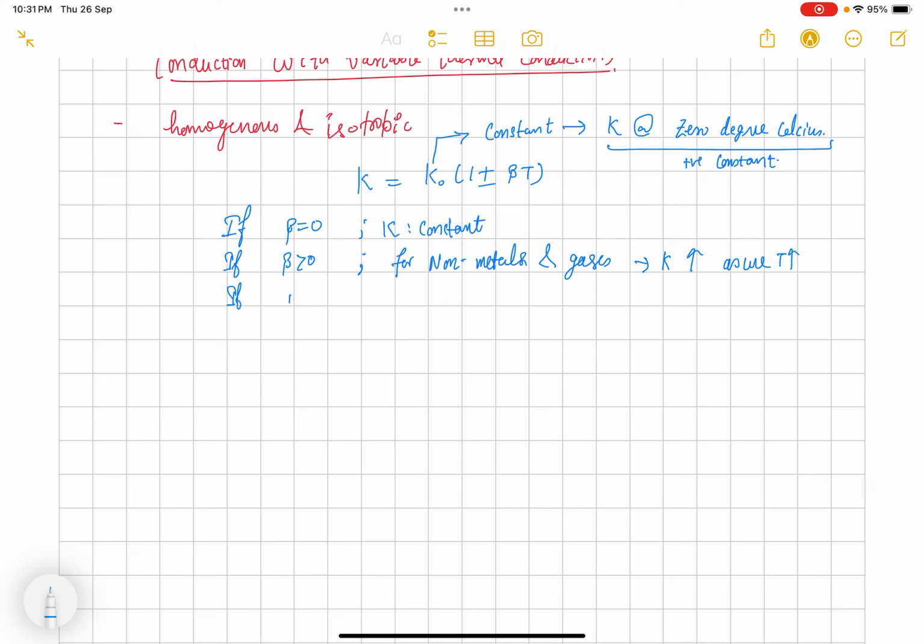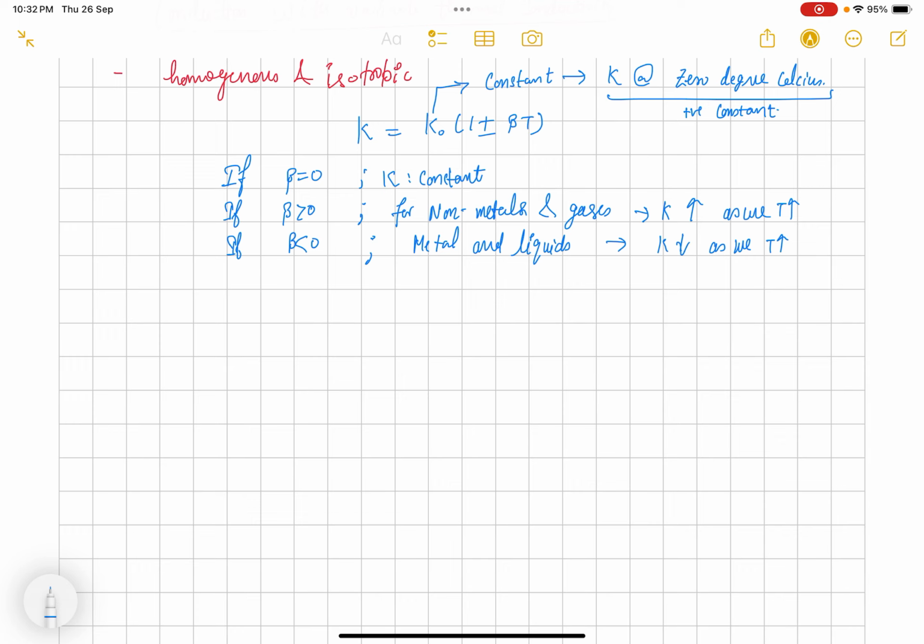And if beta is negative, this case generally occurs with metals and liquids. And for this case, thermal conductivity will decrease as we increase the temperature.